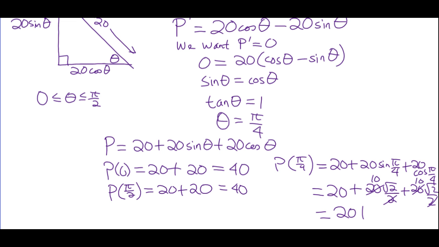We get 20 plus 20 root 2. Well, root 2 is bigger than 1, so that makes this bigger than 40, and so that's your answer. It's larger than the other two values, which both would be 40. So there we have a max.